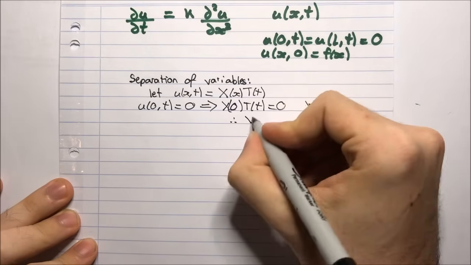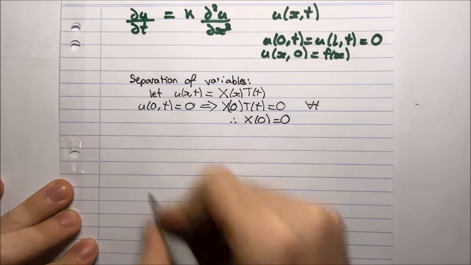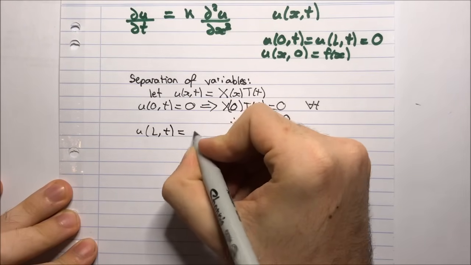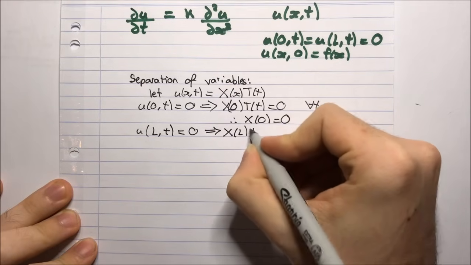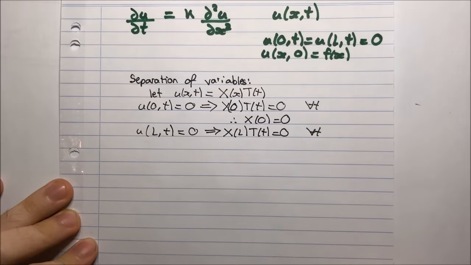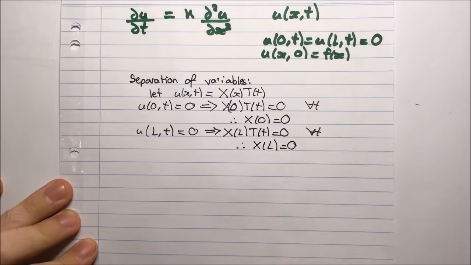So I can make the claim that X of 0 equals 0. And similarly, u of L, t equals 0. So therefore X of L times T of t equals 0. But that's for all t. And so therefore X of L is equal to 0 as well.